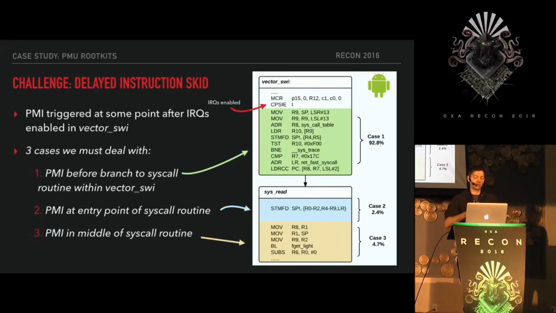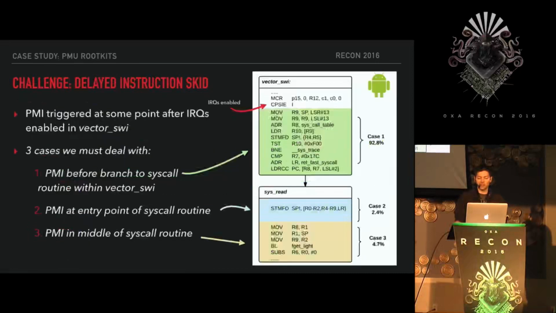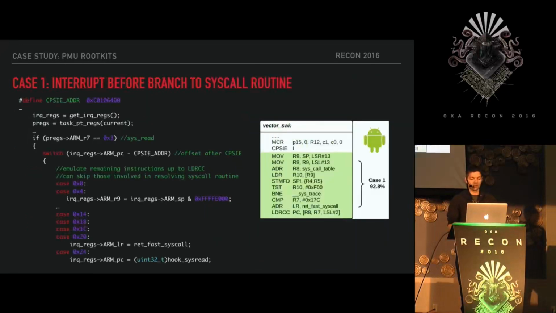We could be interrupted right at the entry point of the system call routine, or we could be interrupted after. And so our malicious ISR has to deal with all 3 of these. So the first case, and I should mention, I put the stats on the frequency that I saw from each of these. By far, the most common case is the green section, but we do have to account for those others if we want to make sure we can always redirect.